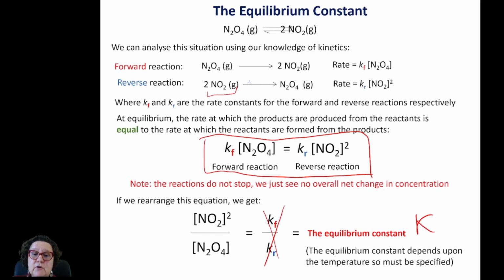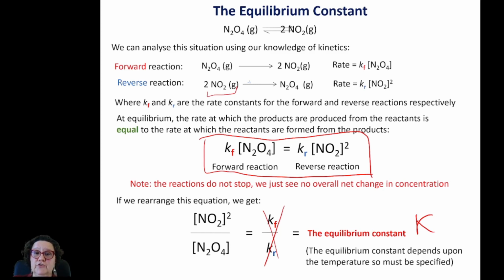So the equilibrium constant depends on the concentration of the products, each to the power of its coefficient, divided by the product of the concentration of the reagents, each to the power of its coefficient. That gives you an equilibrium constant, K, which is experimentally measured.